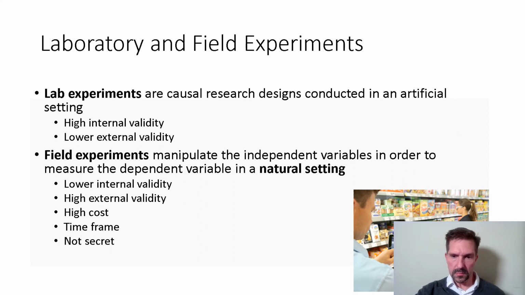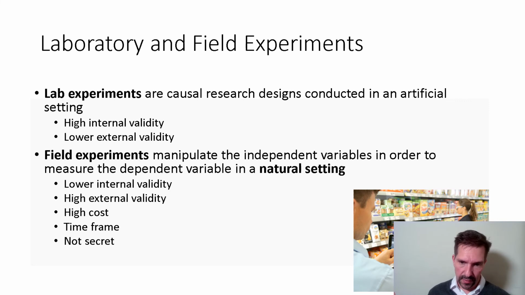Now, when we're talking about internal validity versus external validity trade-offs, I really want to talk about two different types of experiments: lab experiments versus field experiments. Now, lab experiments are typically conducted in a controlled scenario, right, in a laboratory, which is nice because it enables you to control for a lot of things, like the temperature, any external stimuli, right? So what you're doing is you're minimizing all those potential threats to validity.